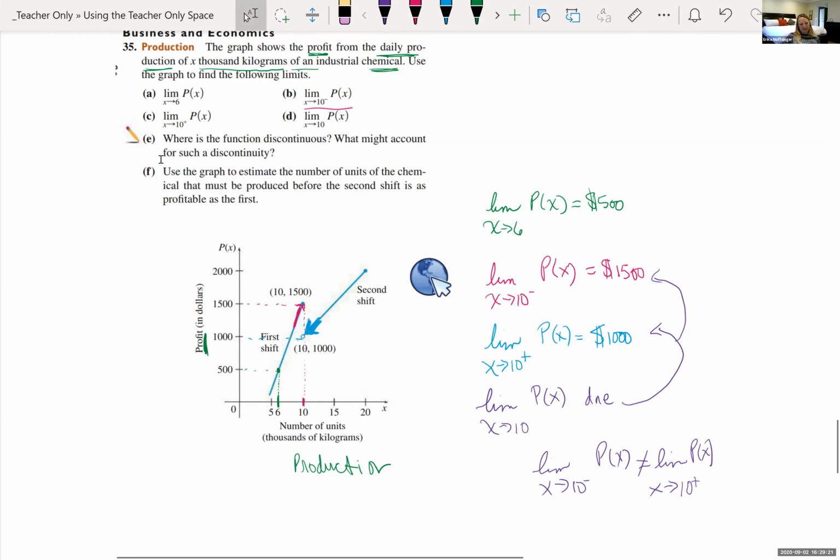Okay, anyways, the next piece: use the graph to estimate the number of units of a chemical that must be produced before the second shift is as profitable as the first.